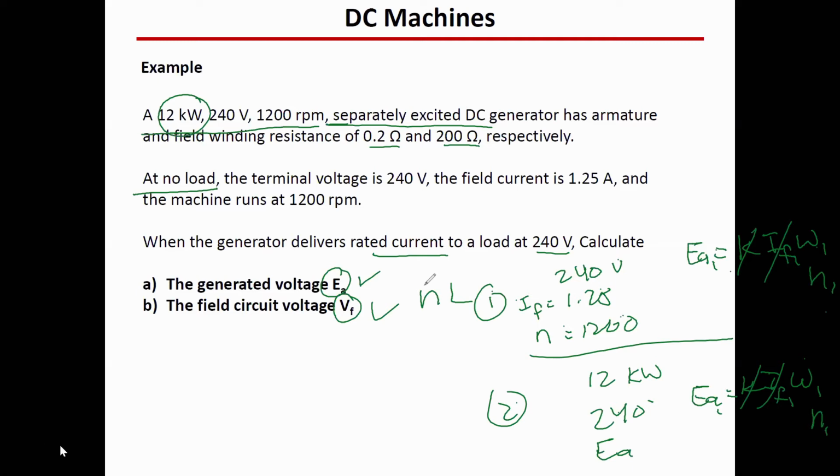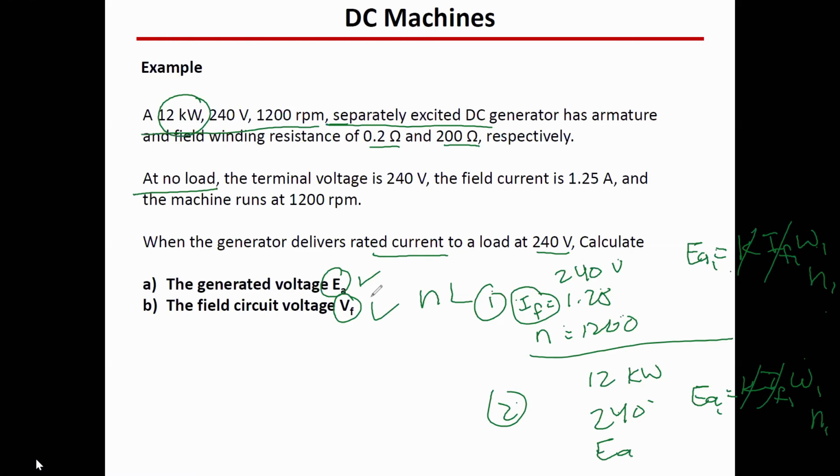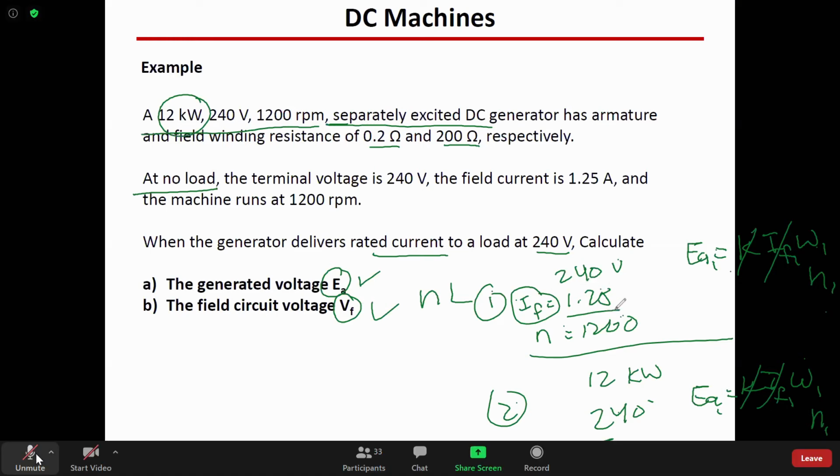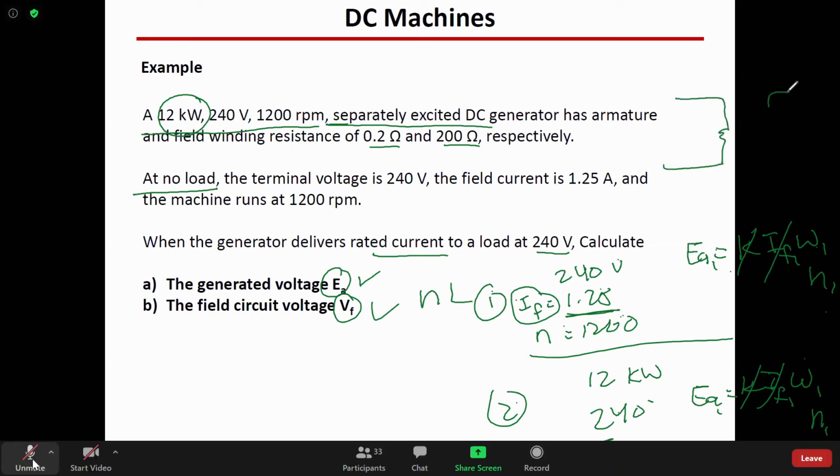Okay? Victor, is the field current the same for both cases? Yes, yes. It's not mentioned specifically here, but it is the same. Does that apply for the generator and the motor, or only generator? This is separately excited, of course, and it depends on the connection, but for separately excited, the field circuit is different than the armature, right?